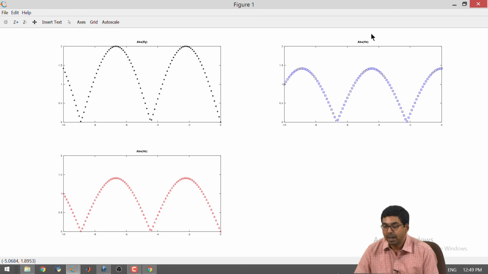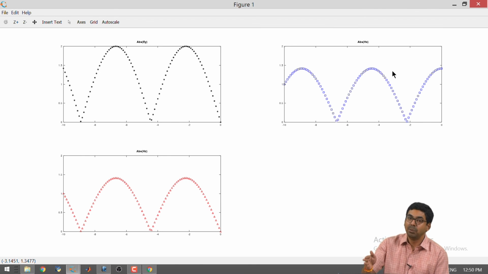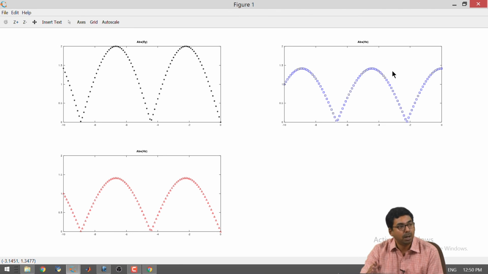Now, if I look at Hx, wherever Ey goes to minimum, Hz goes to minimum, and Hx has gone to maximum. Wherever there is a peak for Ey, there is a dip for Hx. So, I can say that Hx is in phase quadrature, or out of phase by 90 degrees, with respect to Ey or Hz.